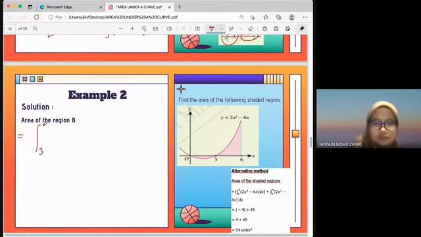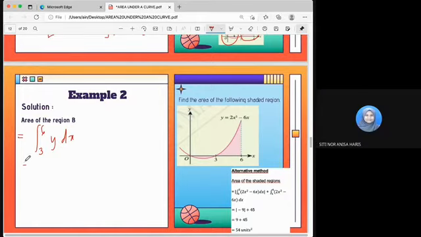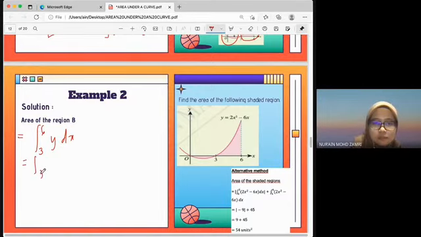And the upper limit is 6. Yes. The function y dx. And then substitute y with the function 2x squared minus 6x dx. And then you just integrate like usual.